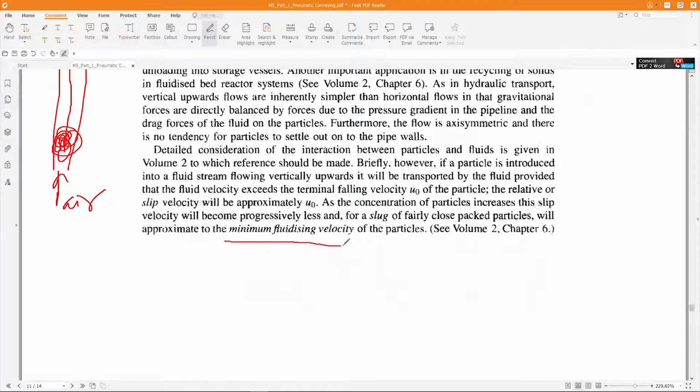If you know the minimum fluidization velocity, so what is the minimum fluidization velocity? Suppose we have solids here and air is entering at a certain flow rate or velocity. What will happen as you increase the air velocity? This is a solid bed, and it is fixed now, the position is fixed. As you increase the pressure drop or the air velocity, these particles start to move.